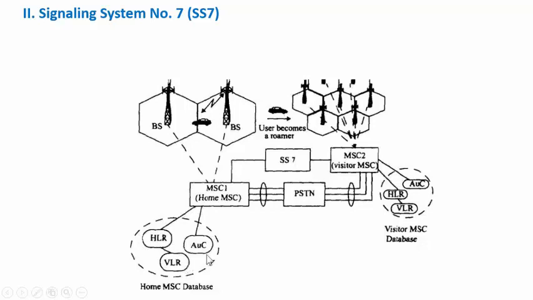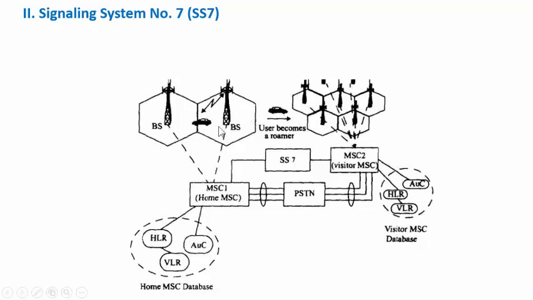HLR means home location register, VLR indicates visitor location register, and AUC is the authentication block. At the right hand side, in case of the visitor MSC, MSC2 is also connected to HLR, VLR, AUC, and to a number of BTS, base transceiver stations.